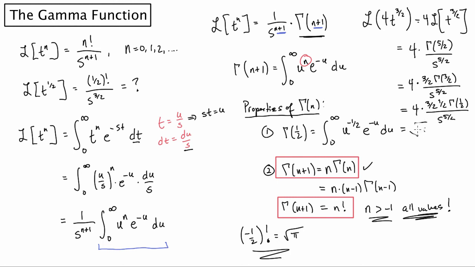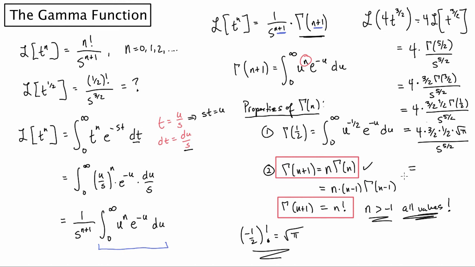And we know that gamma of 1/2 is the square root of pi. So if you look at everything you have here, you've got 4 times 3/2 times 1/2 times the square root of pi over s to the 5/2.